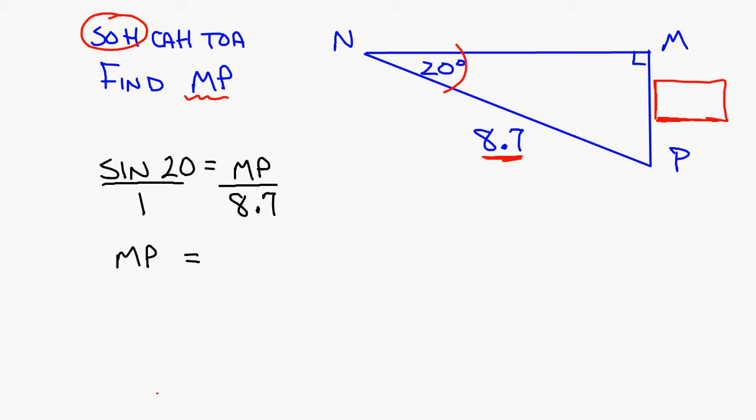And that's going to be equal to your sine 20 times 8.7. So this you'll get more familiar with. It's a one-step problem. So M to P is equal to sine 20 times 8.7, which is 2.98. So there's your M to P.